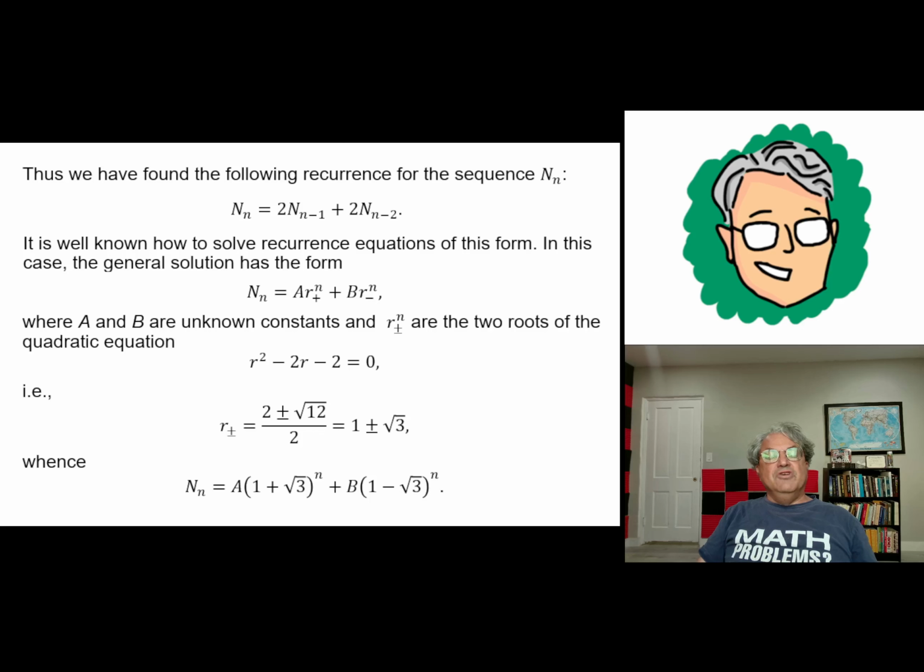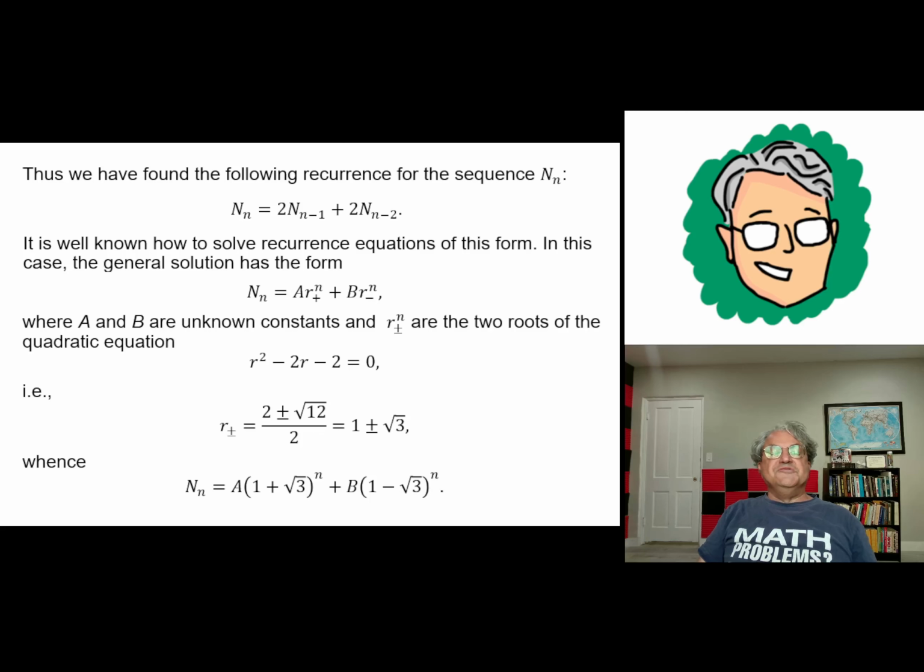And you get that from writing N sub n minus 2 N sub n minus 1 minus 2 N sub n minus 2 equals 0. The coefficients of that are 1, minus 2 and minus 2, and those are also the coefficients of your quadratic equation for this number R.